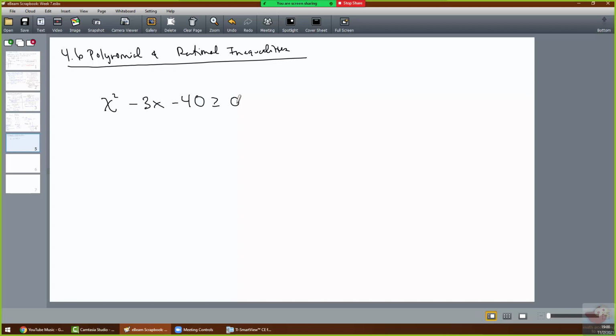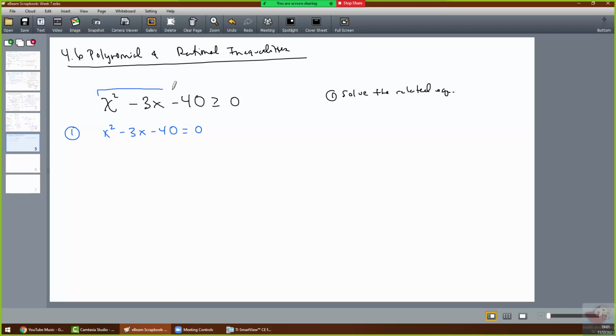Okay. There are several steps here. The first step is to solve the related equation. Meaning that instead of the inequality, we're just going to put an equal sign. If I give you one, it's going to factor.